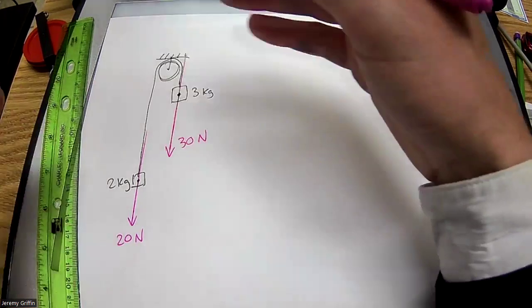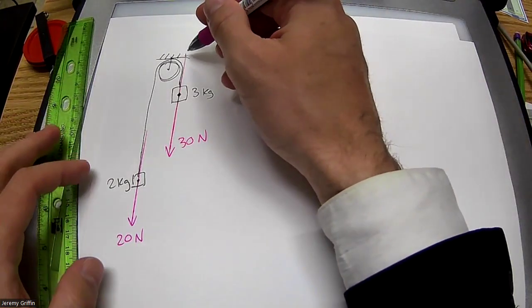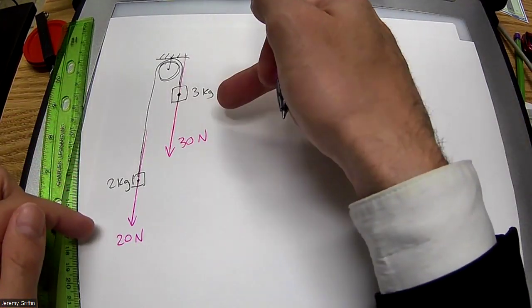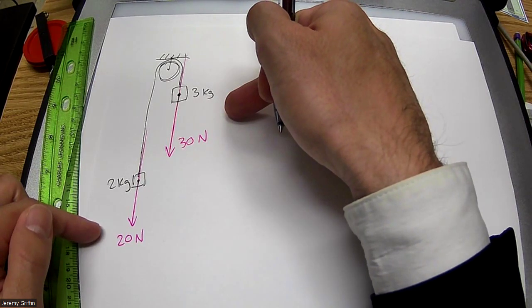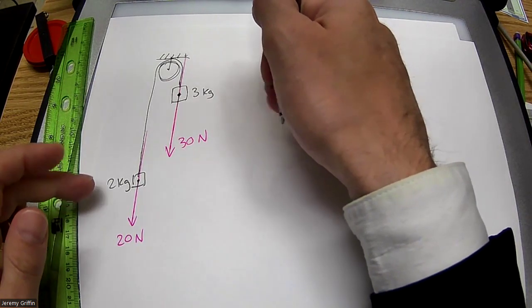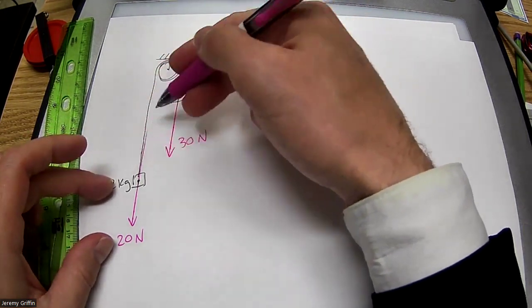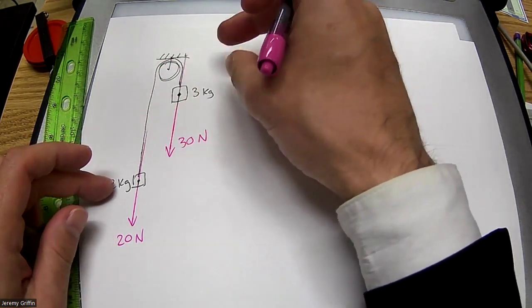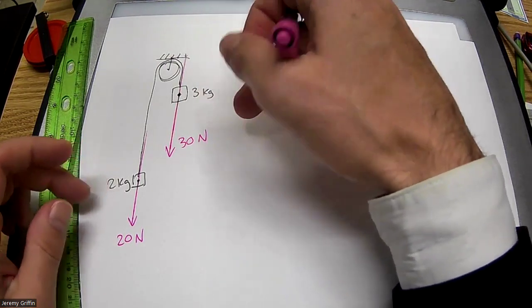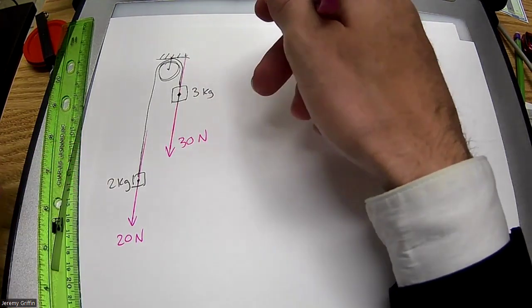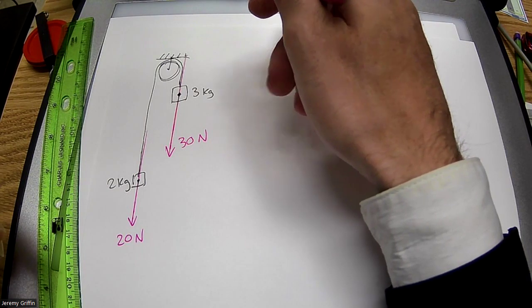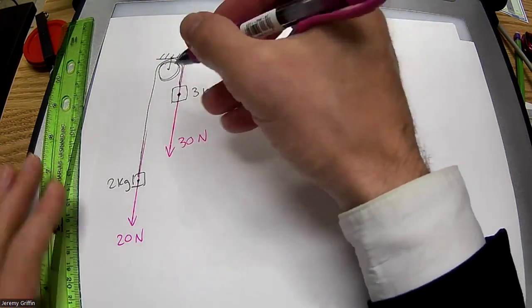So what I'm trying to set up is how large should this tension force be compared to 20, 30 newtons? You guys think the tension force has to be more than 20 newtons so it drives the small guy up, but also less than 30 newtons so that the large mass can fall down? Right? And it should be the same tension everywhere on the string.